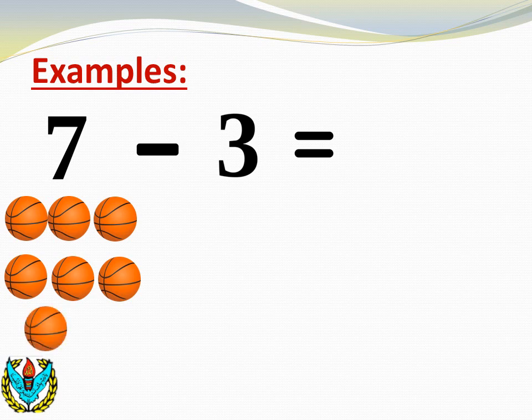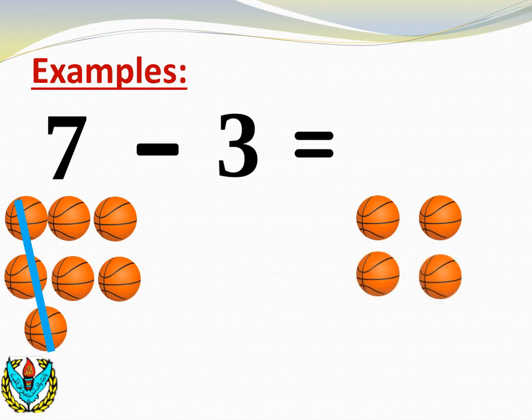Here are 7 balls and we have to subtract 3 balls. 1, 2, 3. How many balls are left? 1, 2, 3, 4. There are 4 balls. So what is the answer? 4. 7 minus 3 is equal to 4.